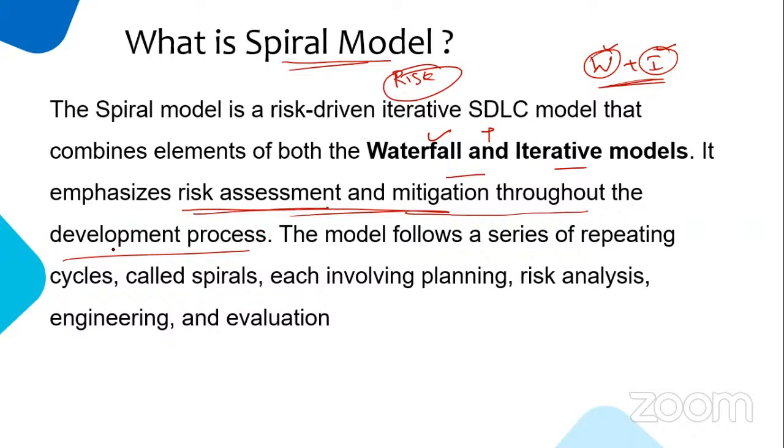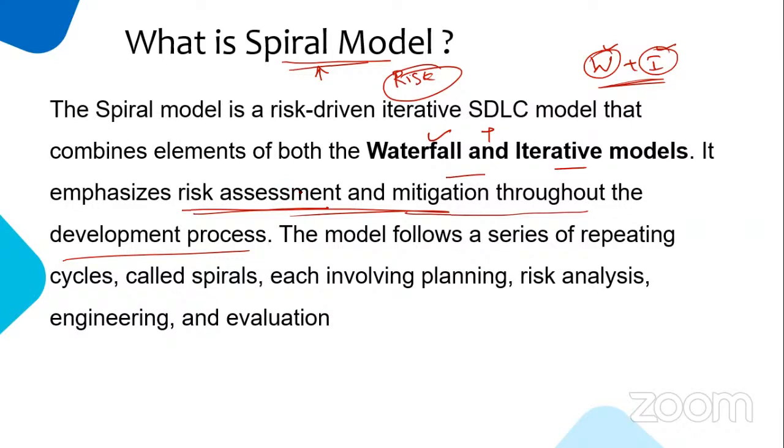Very, very highly sensitive, complicated, complex, long-term projects will use the spiral model. Very rarely will we get an opportunity where an IT company is going to work on a defense project, very, very rare. What about a healthcare project?